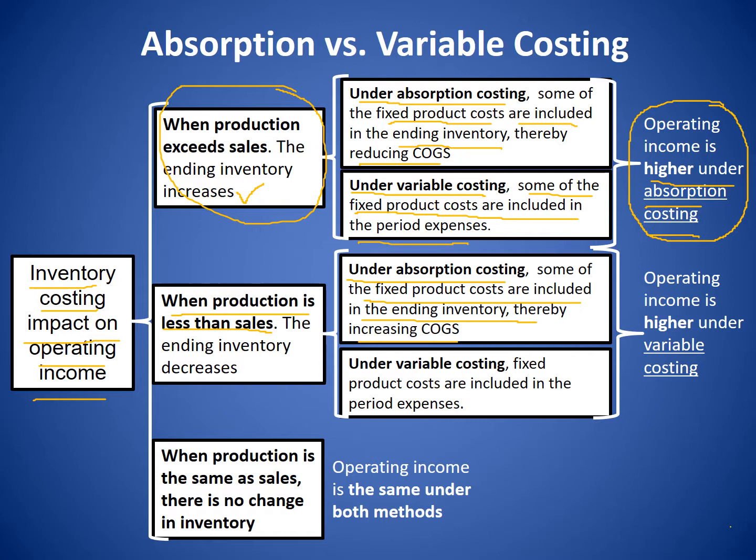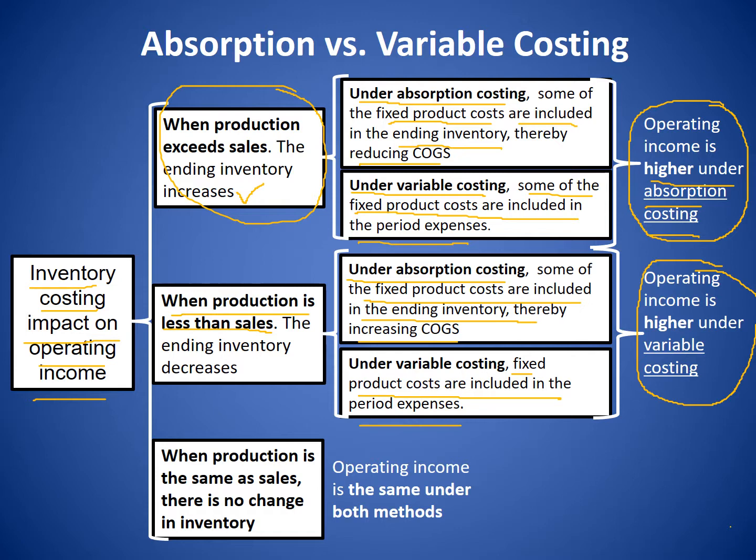Under variable costing, fixed product costs are included in the period expenses, and therefore the net impact is operating income is higher under variable costing. So when production is less than sales, operating income is higher under variable costing. And again, going back up to the top, when production exceeds sales, operating income is higher under absorption costing.